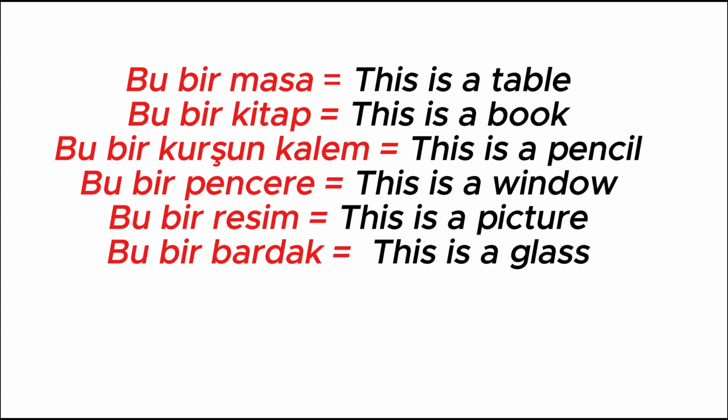This is a picture. Bu bir bardak. This is a glass. Bir masa, a table. Bir kitap, a book. Bir kurşun kalem, a pencil. Bir pencere, a window. Bir resim, a picture. Bir bardak, a glass.